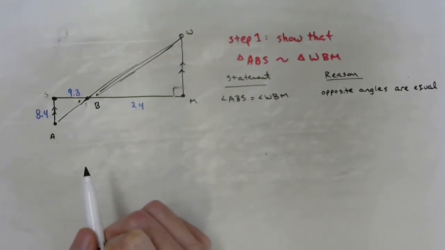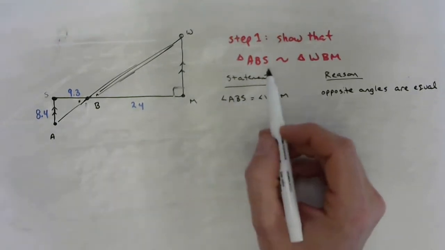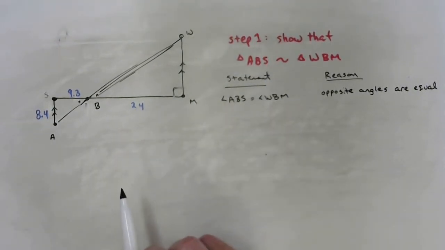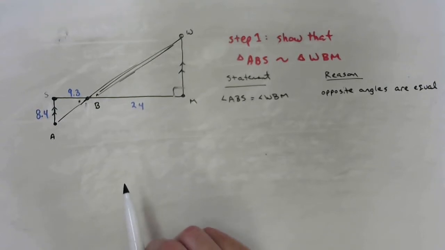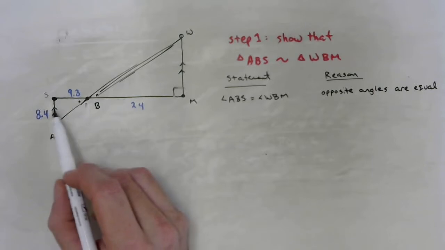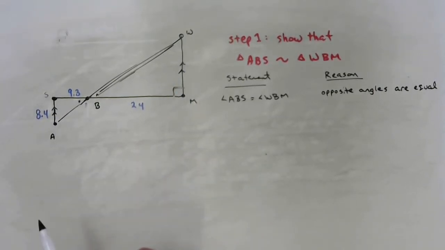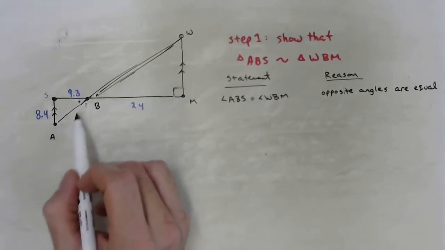Now, what else do we know? We're talking about angles. We need to show that the triangles are similar, so we need one more set of equal angles. S and M. How do we know that S and M are equal? We do not know that this is a right triangle.